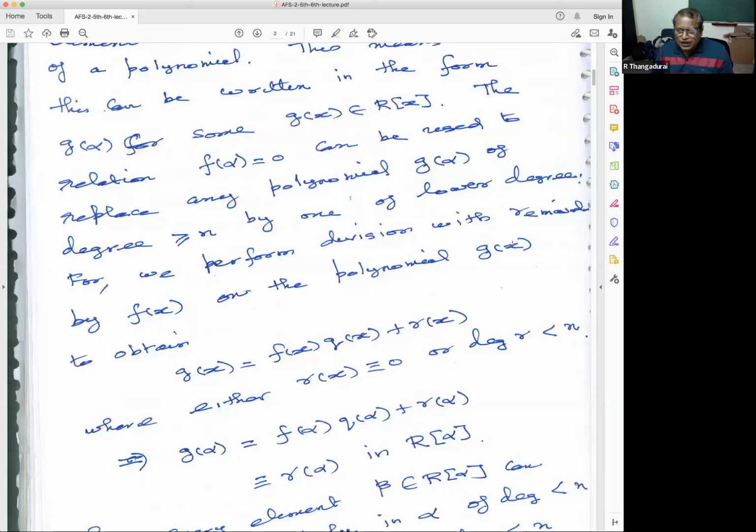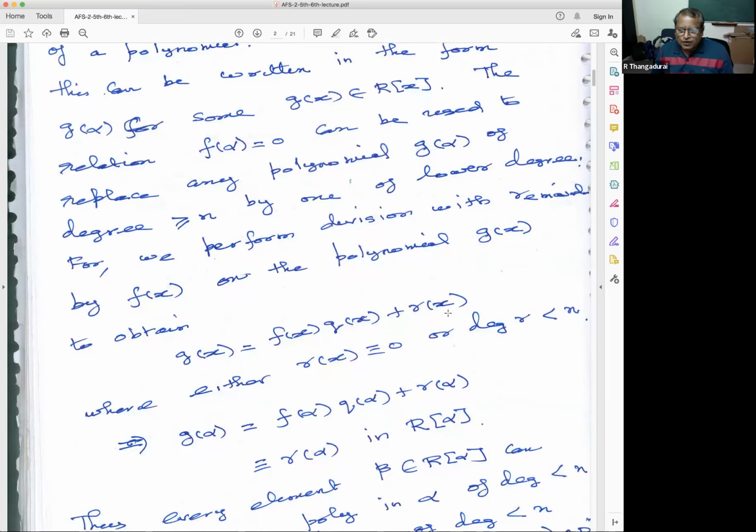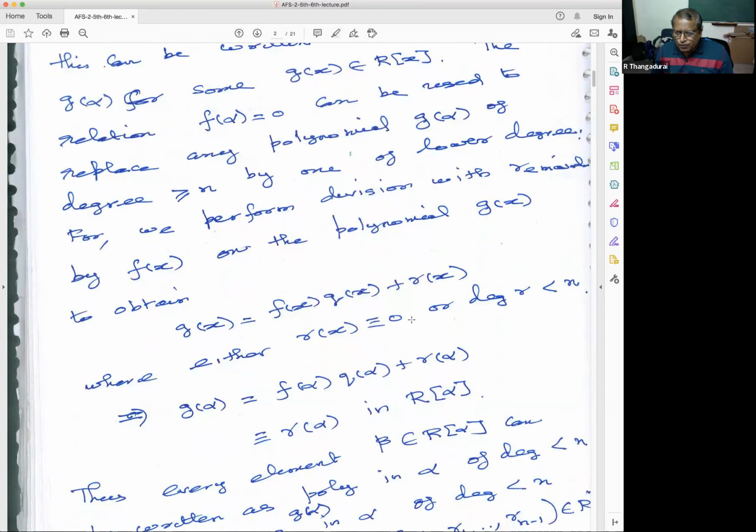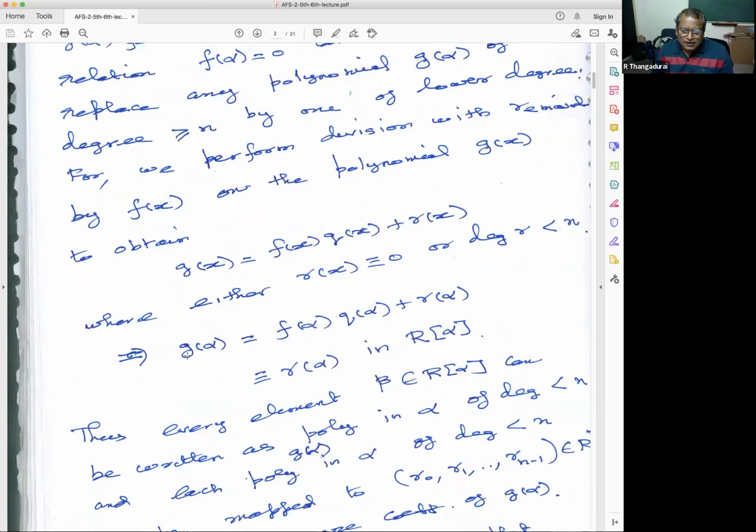Given any polynomial g(x) and the monic polynomial f(x), we can divide and look at the remainder r(x), whose degree is strictly less than the degree of f(x); either it is the zero polynomial, or the degree is strictly less. So when you plug alpha into x, since f(alpha) is 0, g(alpha) becomes r(alpha) in the ring R[alpha].